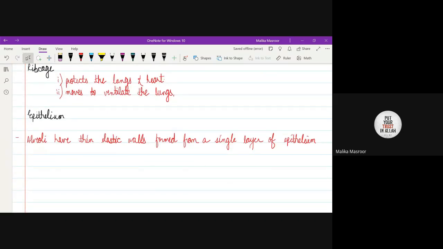Oxygen combines with hemoglobin to form oxyhemoglobin.